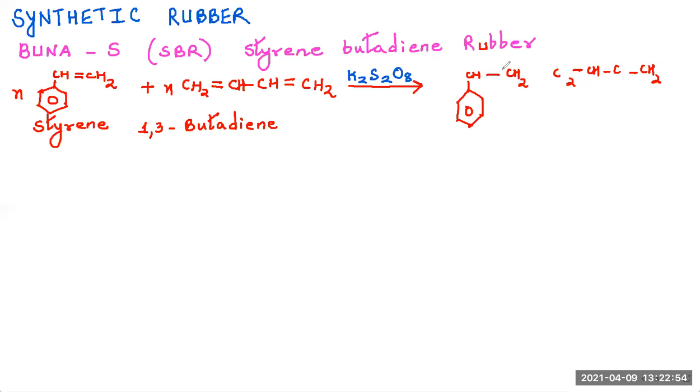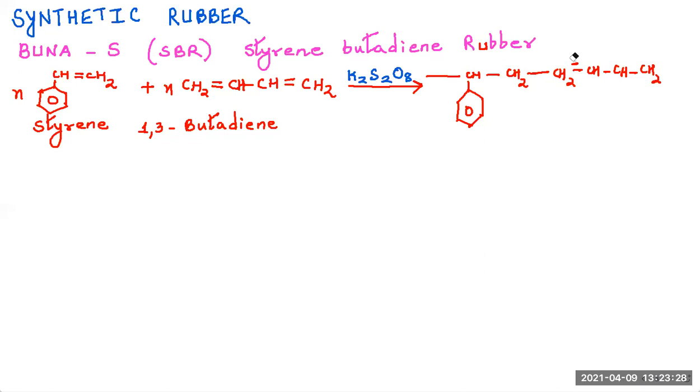One is here, and this is CH, two is CH. Now one comes here, one here. Yes or no? Complete. Correct?